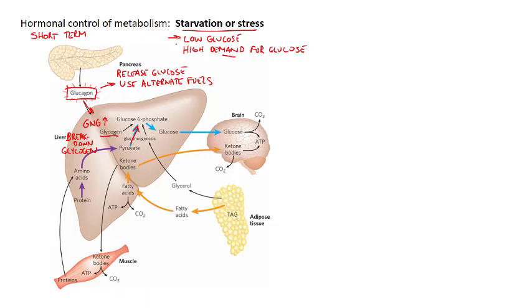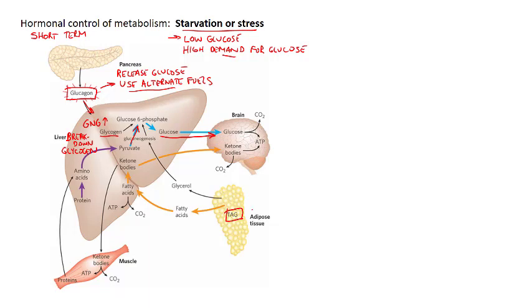We have to take all the glucose that we have, such as glycogen, and release it so that other tissues can use it. We then secrete glucose in the bloodstream so that it can feed the brain. This is important because the brain can really only use glucose as a fuel source, glucose and something else called ketone bodies. All right? Now, as for the use alternate fuels part, we have to go to the adipose tissue.